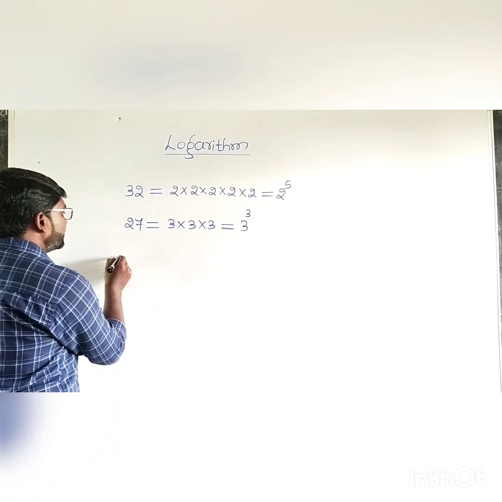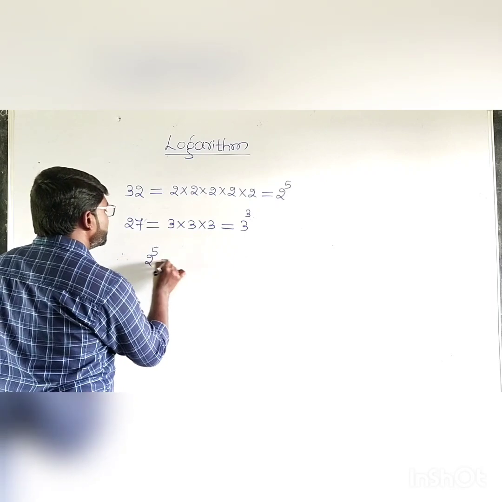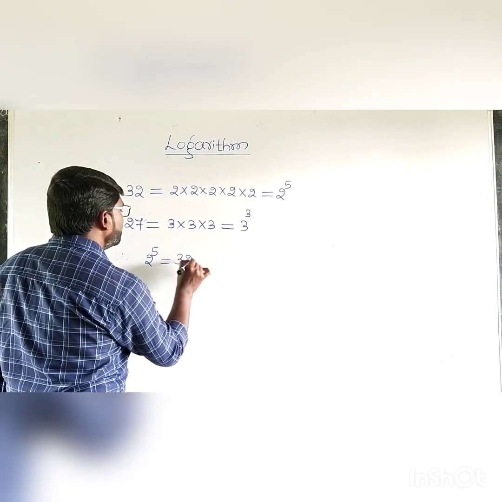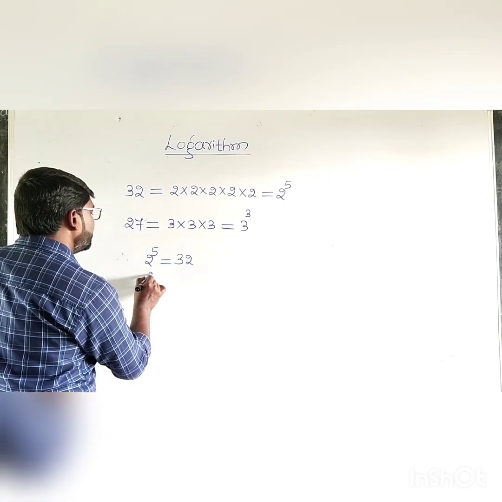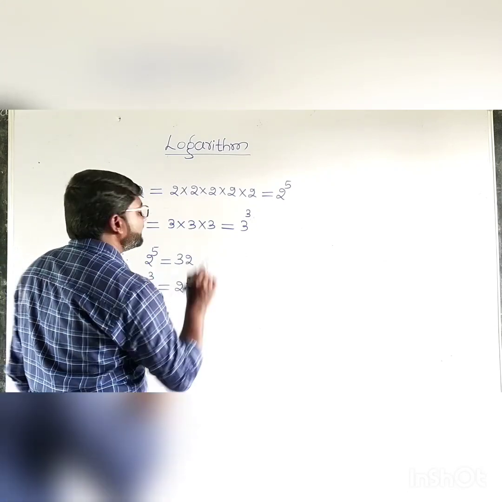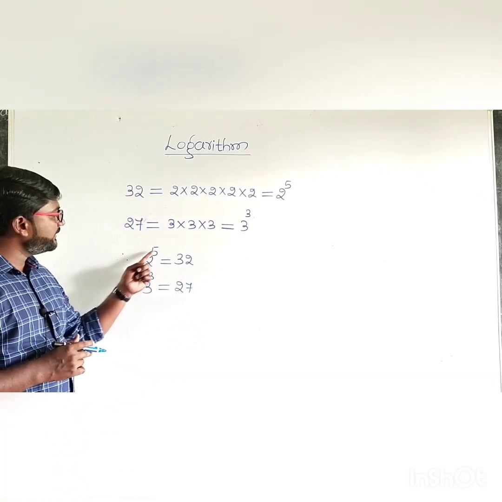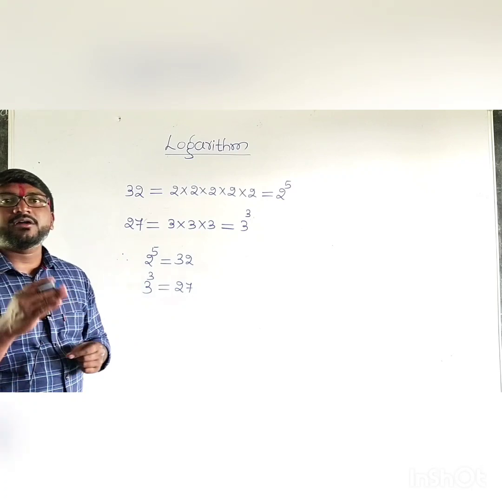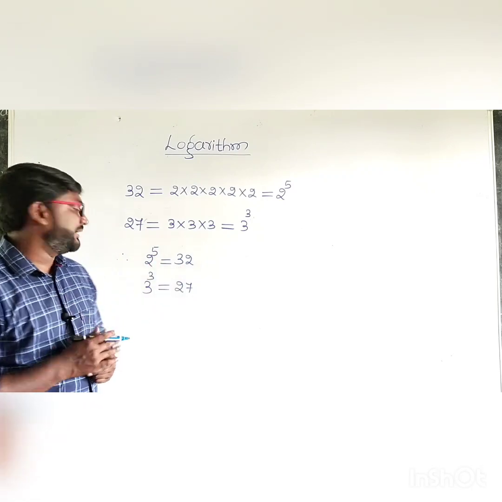Therefore 2 to the power 5 equals 32, and 3 raised to 3 equals 27. Here 2 is the base and 5 is the exponent or index, and 32 is the argument.